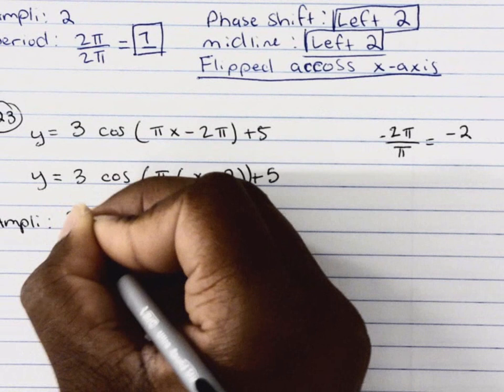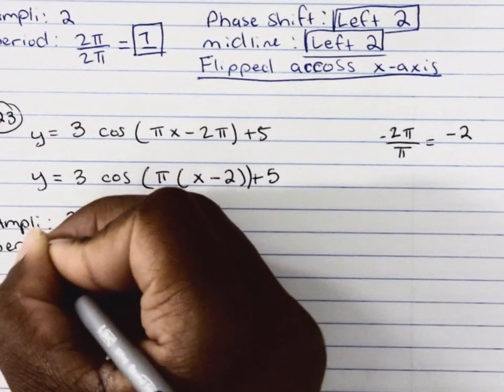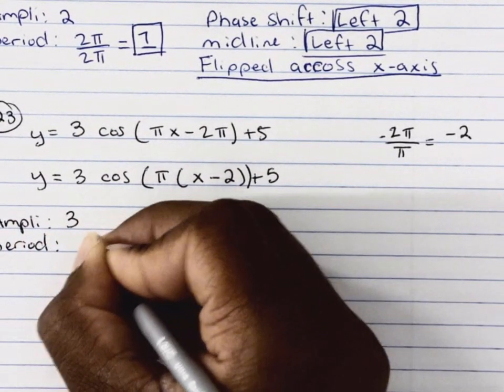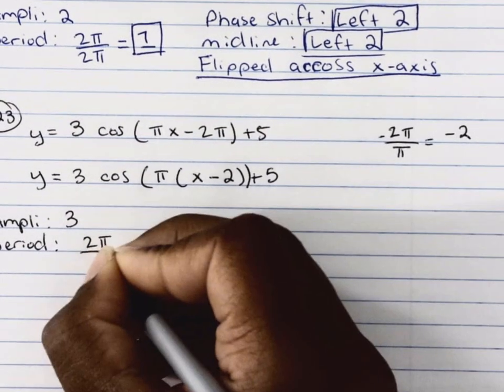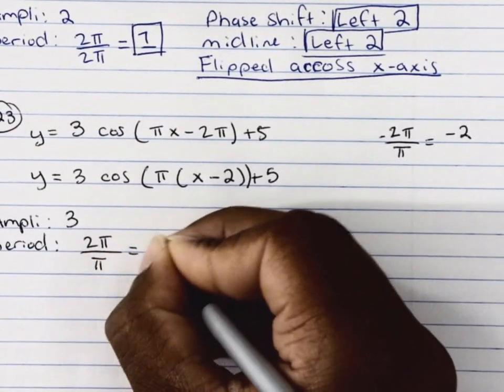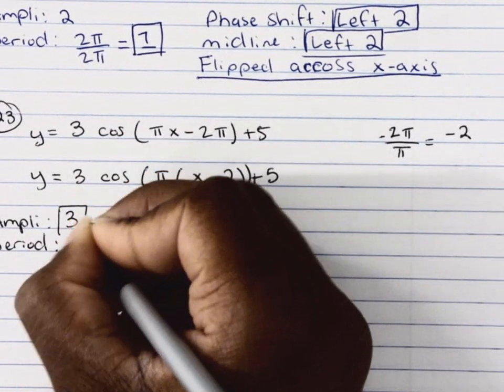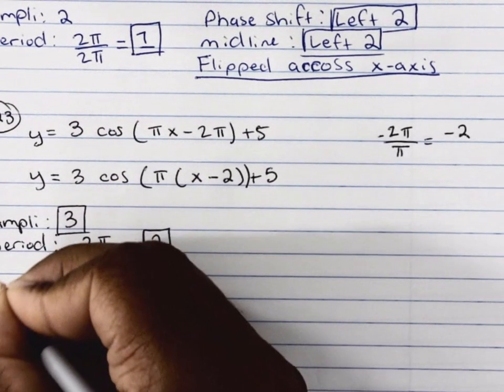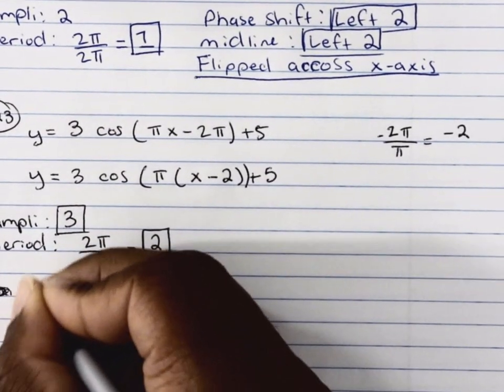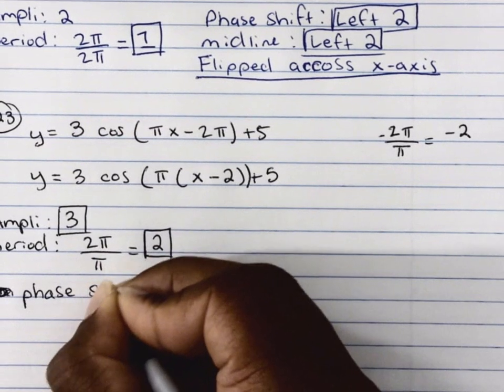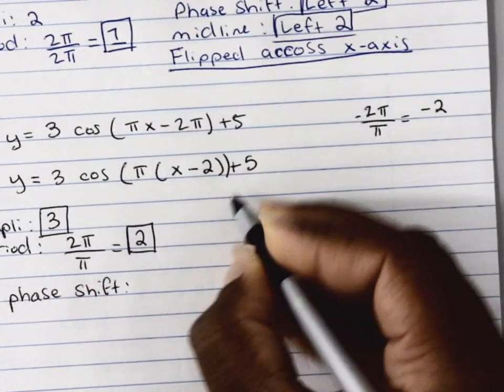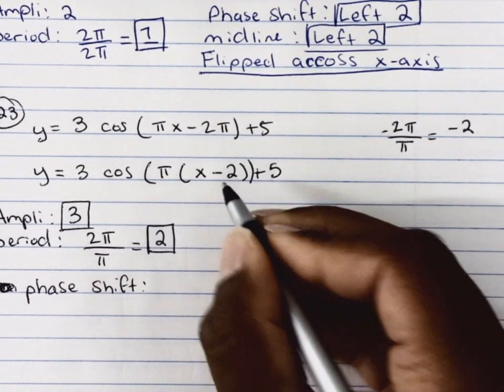Amplitude is 3. Period is 2 pi over b, where b is pi, so it will come out to equal 2. Phase shift, sorry, try to stay in order, is right 2, because I do the opposite.